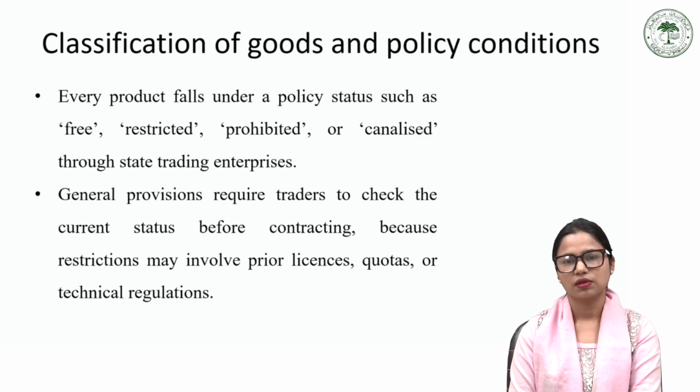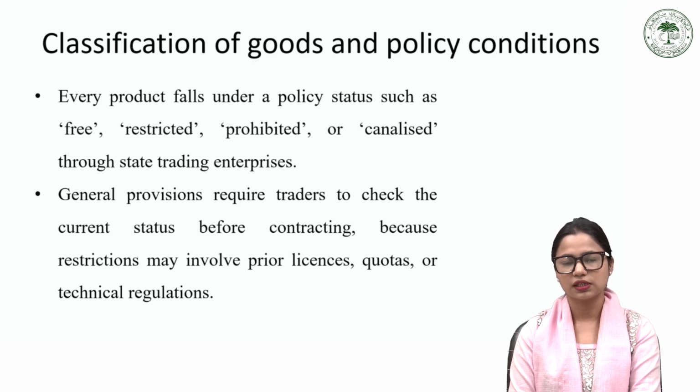So, in case you were about to import or export a restricted product and the guidelines state that before importing or exporting such goods, you have to get a prior approval from a designated authority within a time frame of 30 days, and you don't have that information with you, in that case, you will face a lot of penalties and charges, and it will also amount to confiscation of goods and maybe cancel out your registration.